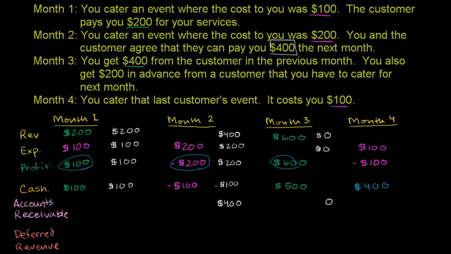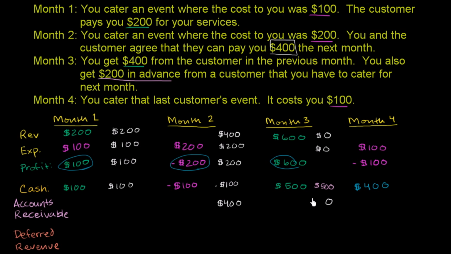And the way that you account for this $200 in advance from a customer is you call that deferred revenue. You got the cash there. So we went from negative 100, added 400 to 300, then you had another 200 in cash. So that gives us $500 in cash again.